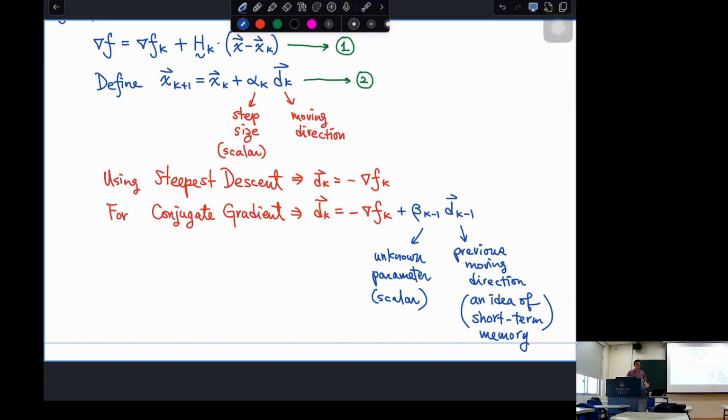Or maybe I can introduce even more terms with moving directions when I solve different problems. Then it's like memories of the past, right? But that's just an idea for you. Right now, conjugate gradient only cares about the moving direction one iteration early.